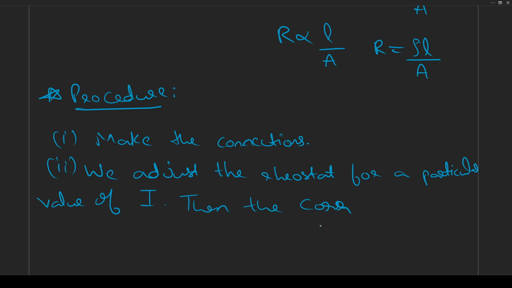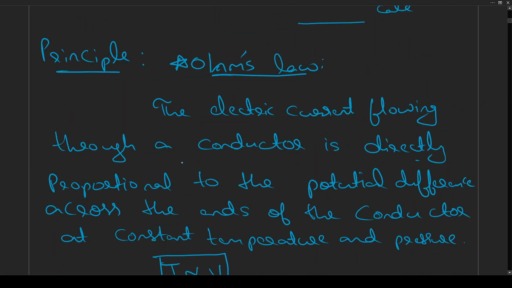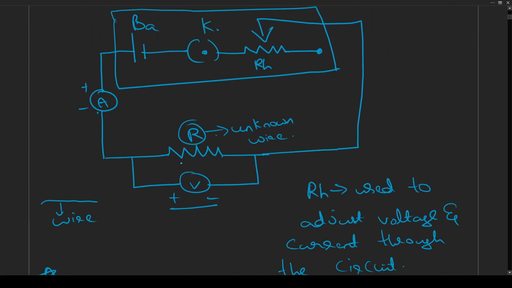We connected an ammeter in the circuit here in the circuit diagram. So after we connected everything and closed the plug key, let's assume we adjust the rheostat to show 2 amperes in the ammeter. There should be some value shown in the voltmeter as well. It won't be 2 volt or anything like that.